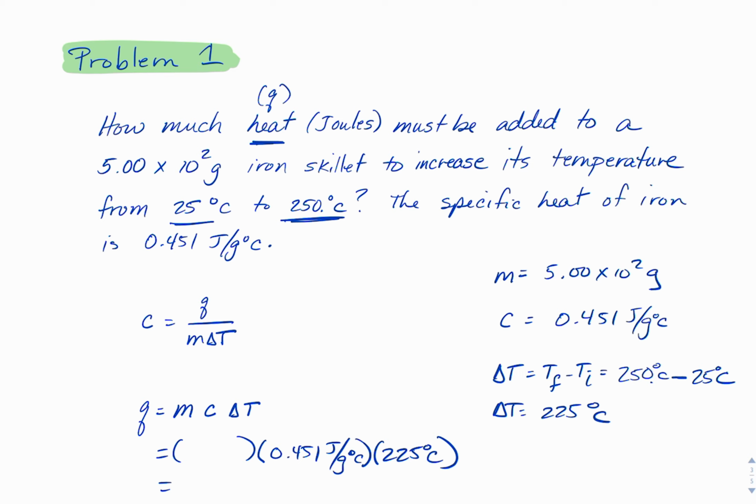Let me do that correctly. It is 5.00 times 10 to the 2 grams. So what will happen here is the grams will cancel, degrees C will cancel, and then you're left in joules, which is what we want in energy value.